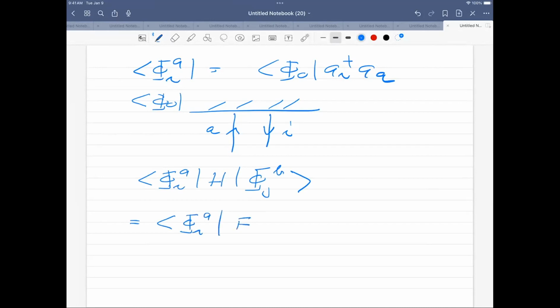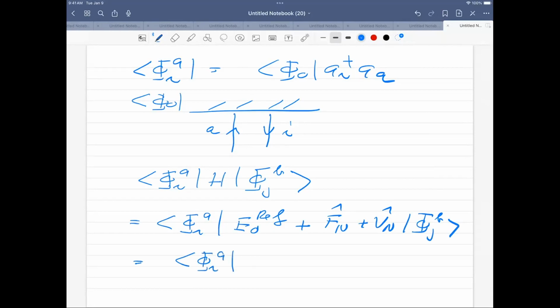I have the reference state, the reference energy, which is just a constant, plus this operator f of n, plus v of n. So the first term is trivial, because in that case, what we would have is phi of A, IA, and then we have this E0 reference, and then I have my phi J of B.